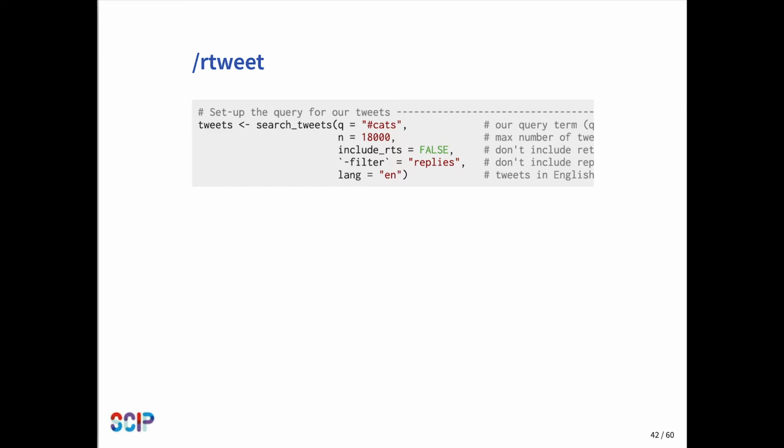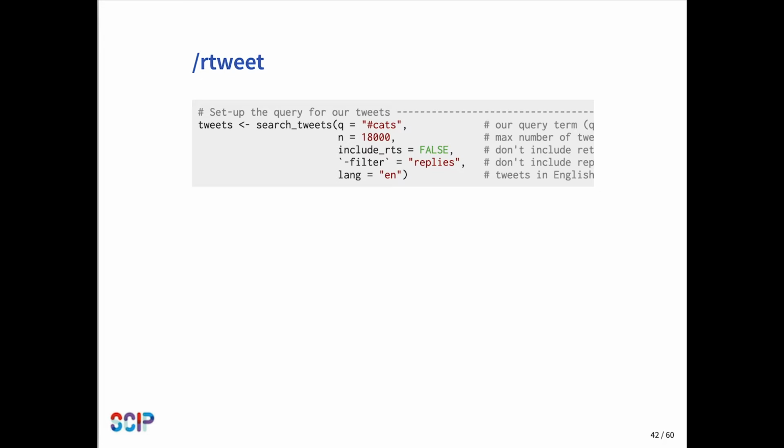Now when it comes to our query, we're all set up, ready to go. We have our access token ready to roll. Basically then we need to look at the query that we're going to send to the Twitter API in terms of the information we're looking for. This is a pretty straightforward query. We can see here the function search tweets.